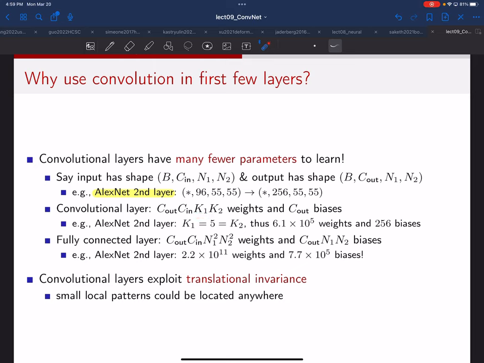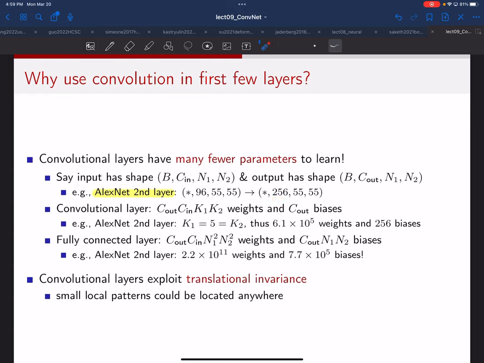This is the total number of parameters we have to learn in this convolutional layer. Is that making sense, where we got that number? Every kernel has k1 times k2 entries. They're usually square, but in general they could be rectangular. So k1 times k2, and then C out times C in, because that's the number of kernels we have to design. The number of biases is not a big deal. It's C out, which is 256.